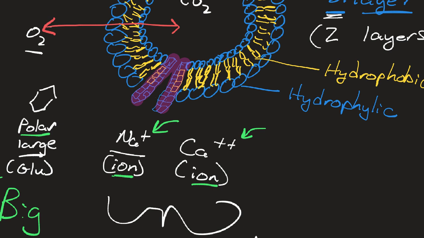Some of those R groups can be nonpolar, like the lipid tails. Those particular amino acid R groups are going to be nonpolar, so they're going to be dissolved by the nonpolar lipid tails.